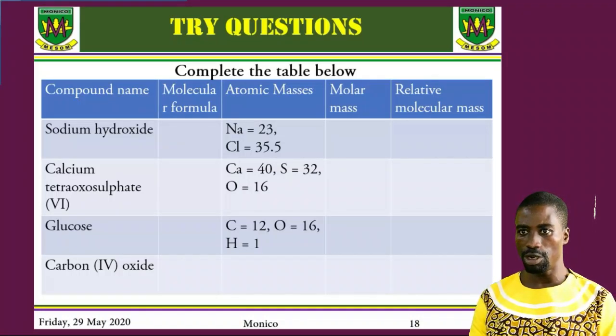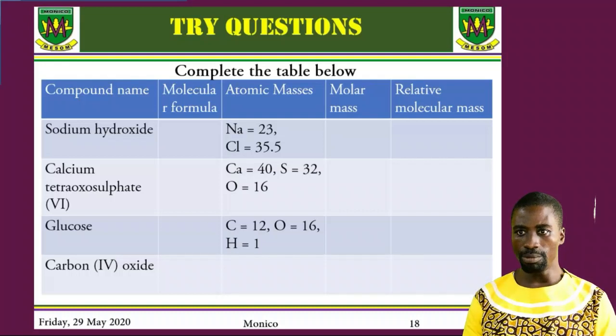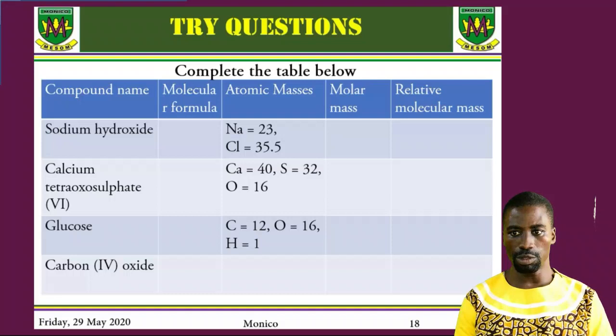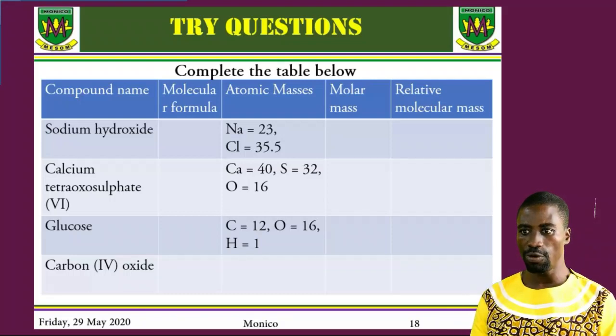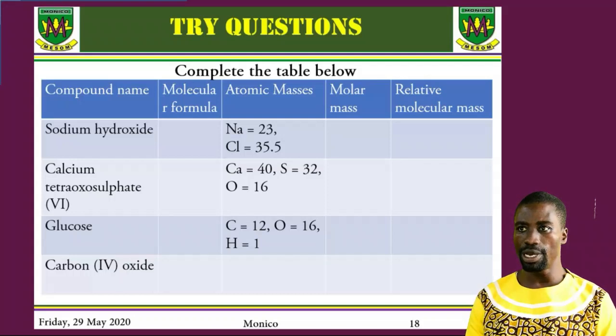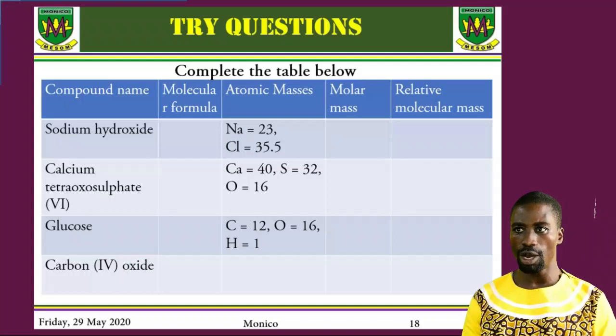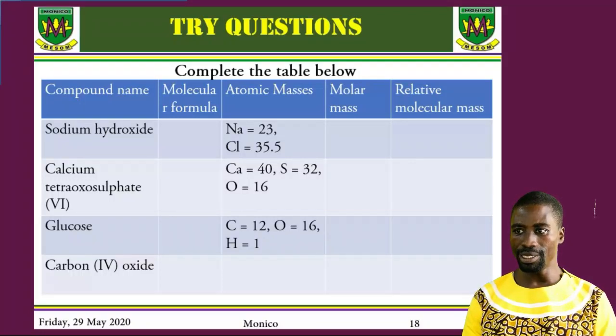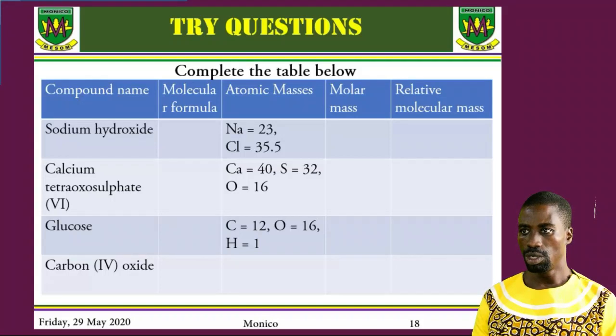We have sodium hydroxide, calcium tetraoxosulfate 6, glucose, sorry, and carbon 4 oxide. Now, intentionally, I didn't give you any of the molecular formulas, so you are supposed to look for the molecular formula. And then the atomic masses have been given to you.